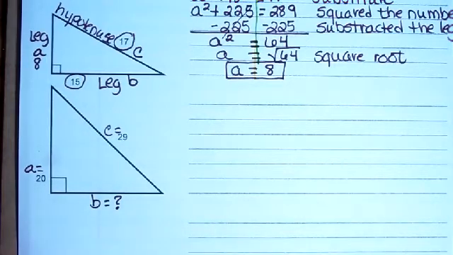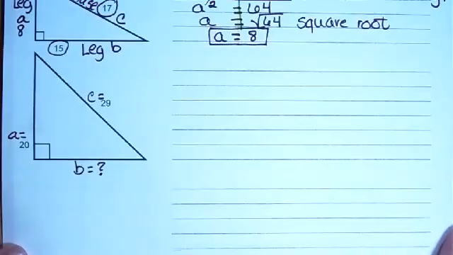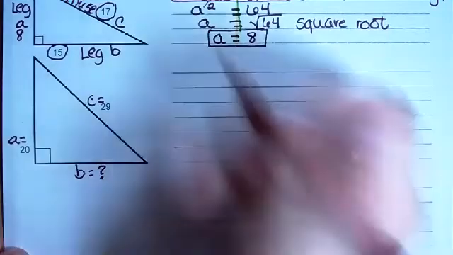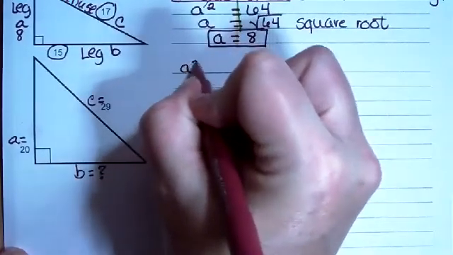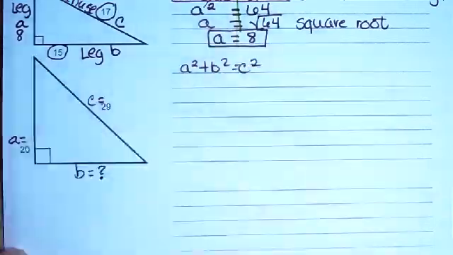Okay. The process is going to be exactly the same except for where I put the 20. Let's see what I mean by that. Let's go right up here. First thing we're going to do is write down our formula: A squared plus B squared equal to C squared. I'm going to substitute in the 20 and the 29 in the correct spot.